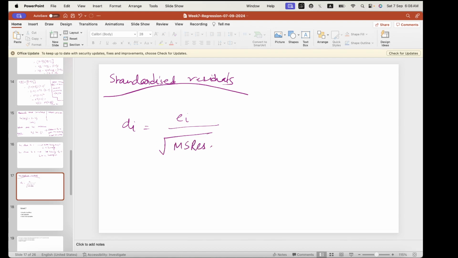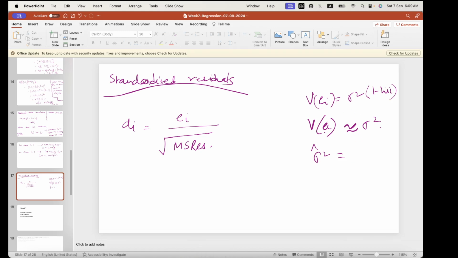So standardized by how much? The variance of eᵢ is actually equal to σ² into (1 − hᵢᵢ). If hᵢᵢ is close to 0, that is, there is no influential observation, then we can write that the variance of eᵢ is approximately equal to σ², if we just ignore this hᵢᵢ term. And σ̂² is actually nothing but the MS residual from the model that we have seen in the previous classes.